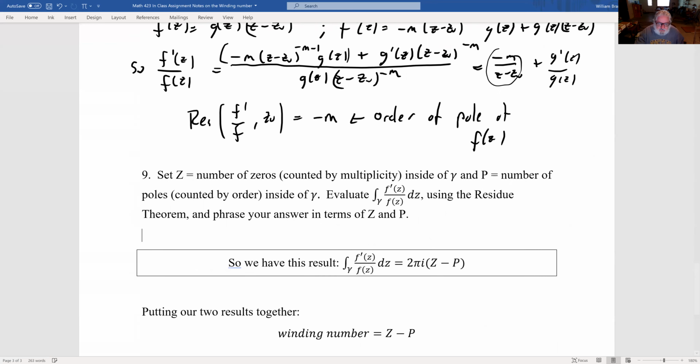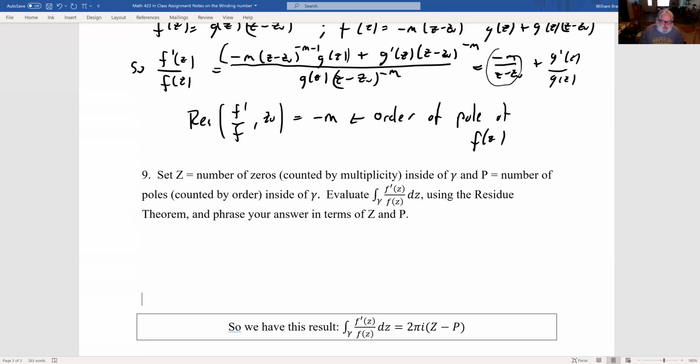So if we evaluate this integral, what is it? It's 2 pi i times the sum of the residues of f prime over f inside gamma.